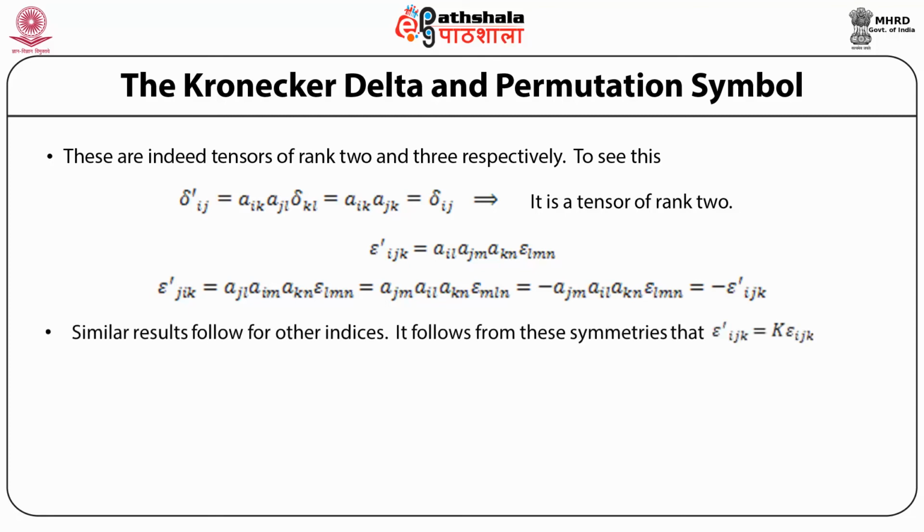Similar results follow for other indices. It follows from these symmetries that epsilon dash ijk equals k epsilon ijk.